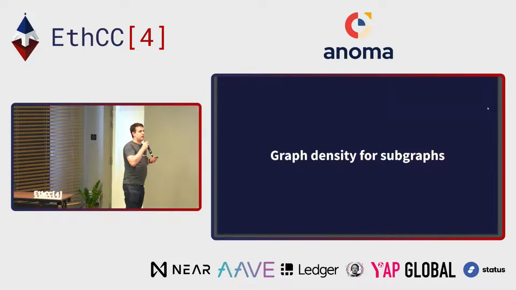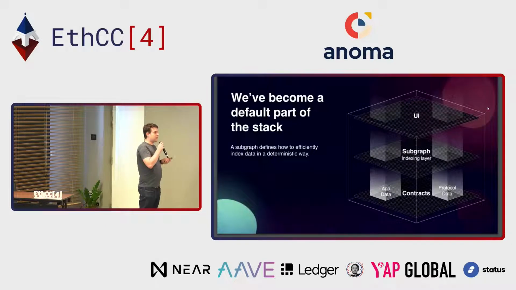When we consider subgraphs, density is also very important. Subgraphs, for those who don't already know, is the name given to the indexing layer in The Graph ecosystem. Basically, subgraphs index data from the blockchain and provide it in a structured way. This is very interesting because sometimes you can just query the blockchain to read the storage, but sometimes you need more structure.